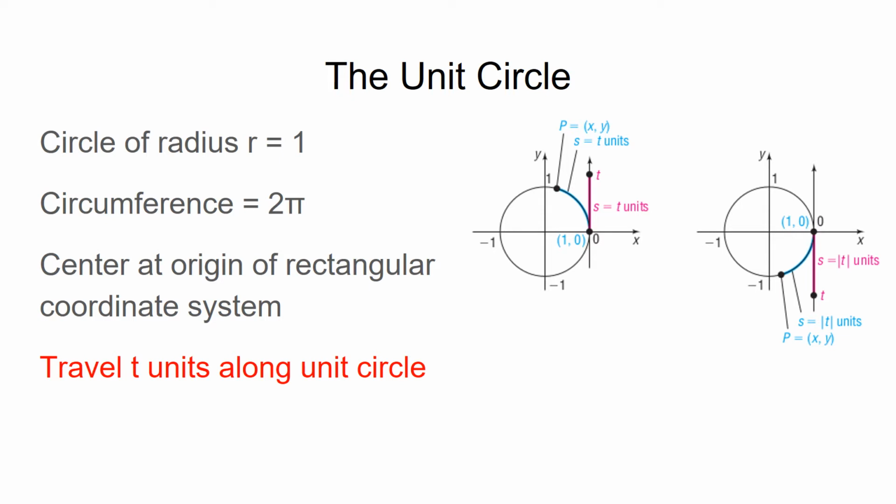This shows how long t actually is. Both figures also show arcs of length t beginning at 1, 0 and coinciding with the circumference of the unit circle. In each case, the arc terminates at point P located at x, y. We say that point P corresponds to t.